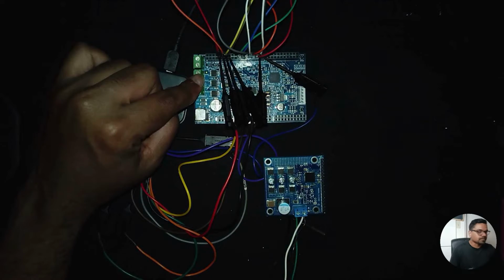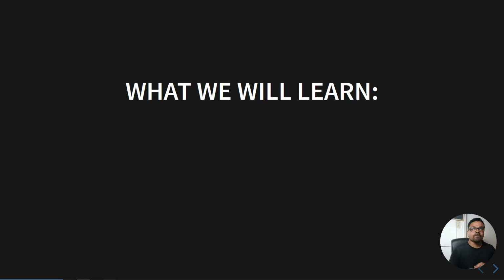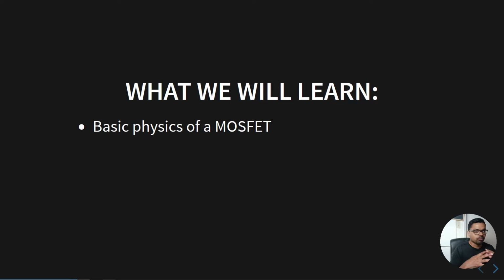So let's get started. In this video, we are going to talk about the internal workings of a MOSFET. There are a few things that you would learn from this video. One is the basic physics of a MOSFET. We're not going to go into the manufacturing of MOSFETs or the quantum physics level of how all these materials work and how you build your transistor.